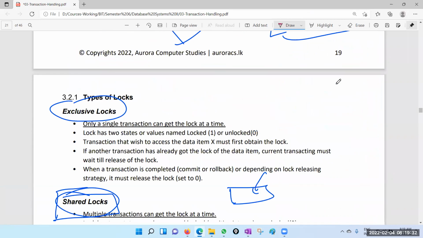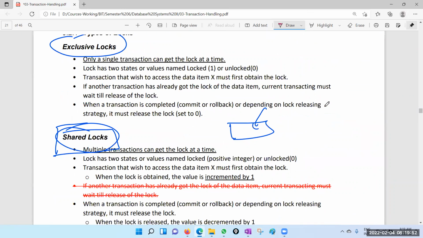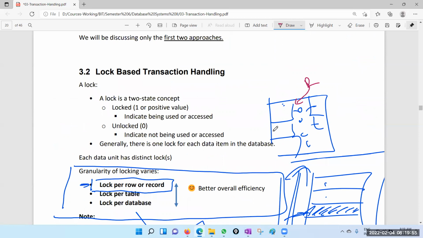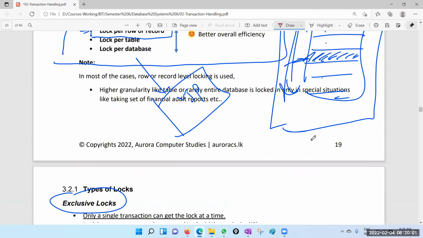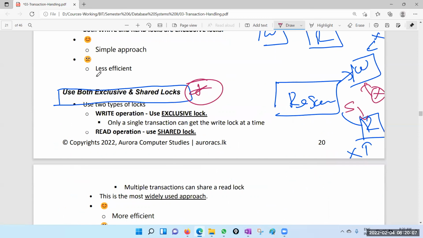Then only one person can do that at a time. That is how write operations are done in databases, where you need the exclusive lock, whereas for read operations you can get the shared lock. I will be using this analogy because you need some sort of example to understand the strategy behind this. So we are going to discuss this approach where the write lock is exclusive and the read lock is shared.